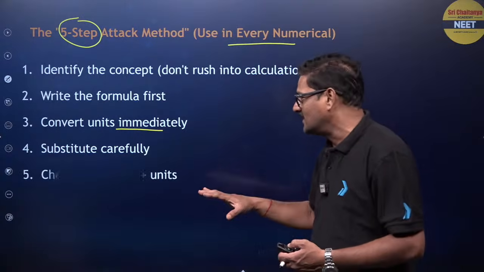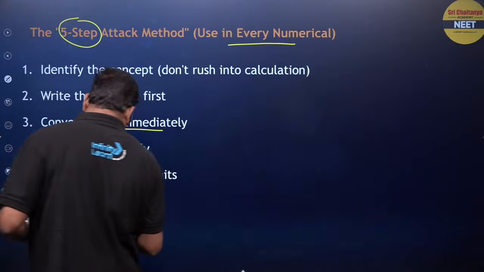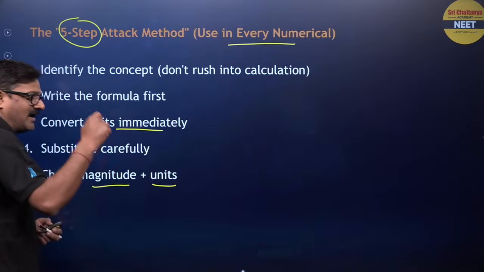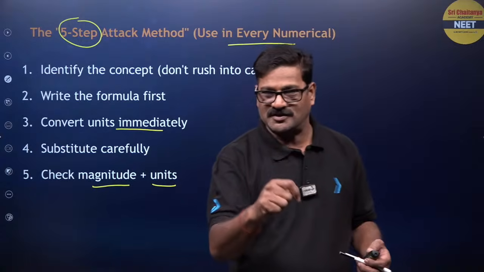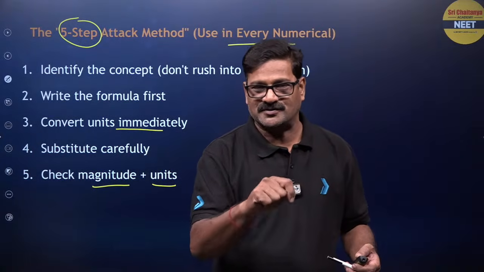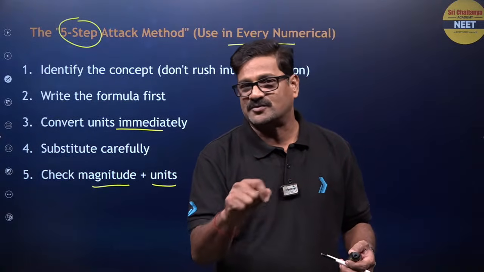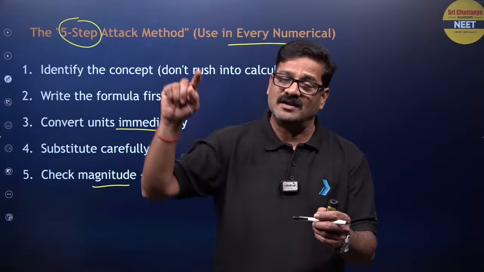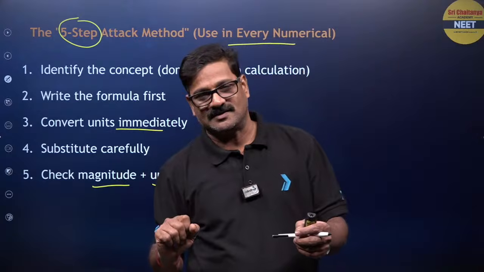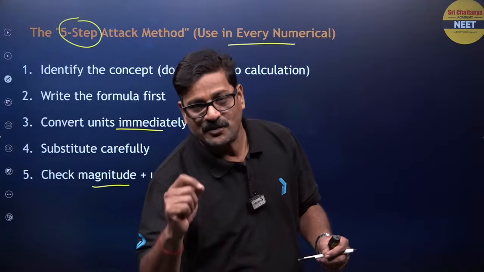Once you do this, check the magnitude and the units and check the options. Sometimes you have to check the options first, see what unit the option is asking for, and which formula you can use to reach that unit.